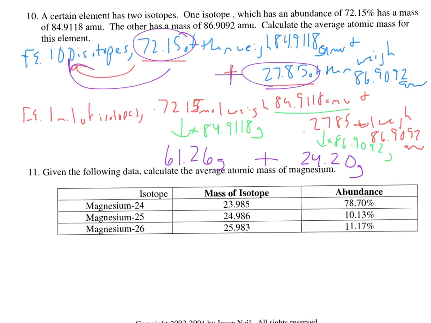So if I add those two numbers up, and this is where a calculator comes in real handy, it comes out to be, calculator only comes in handy if I type in the right numbers, 85.46 grams. Now that number falls somewhere between my two original numbers of 85 and 87, and it should definitely be closer to this one because there's more of them. So that's my little check for that.